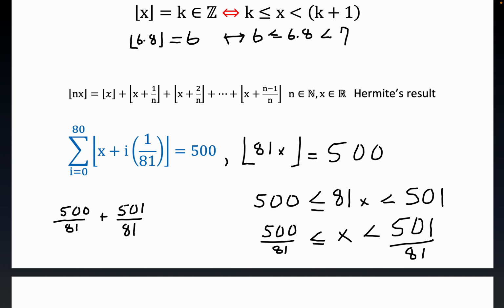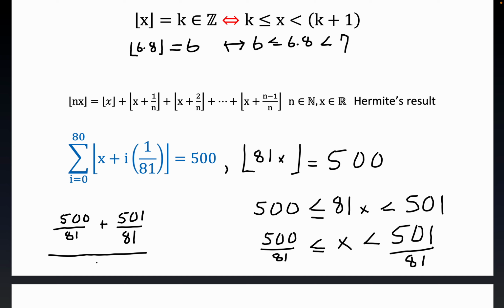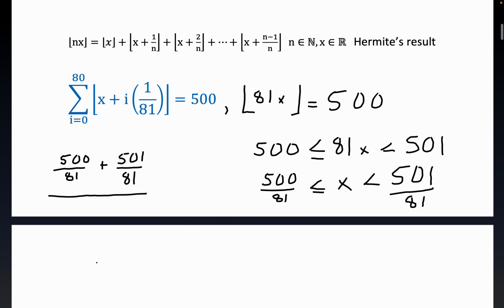Now again, midpoint, divide by 2. Now notice that's our number, right? You add those two up, you get 1001, and then you multiply 2 times 81. It's just properties of fractions.